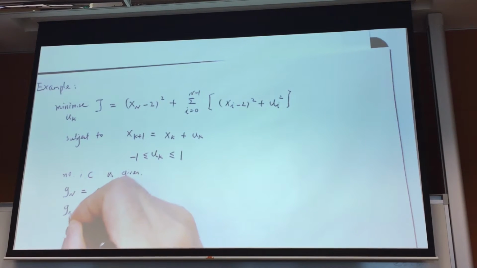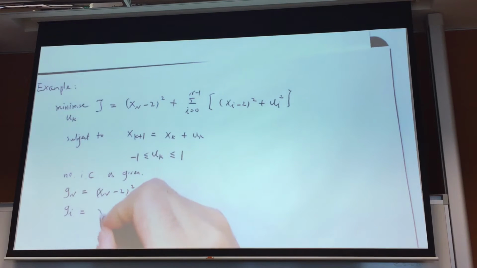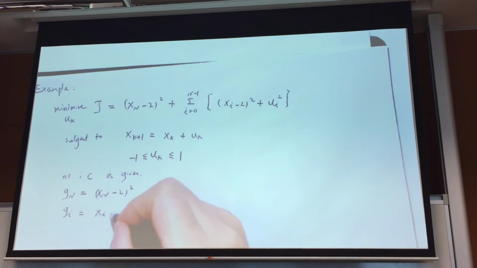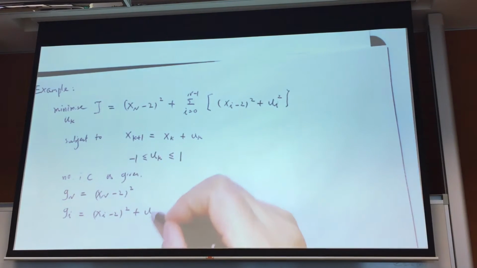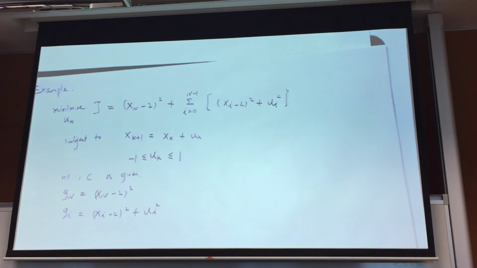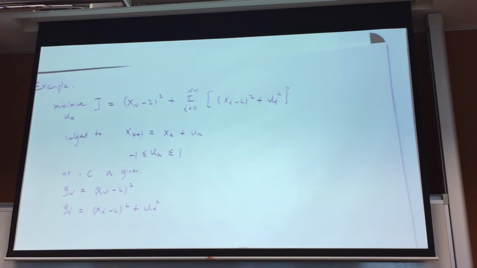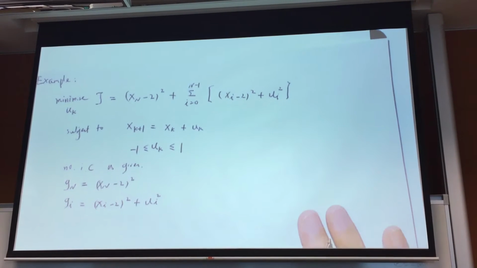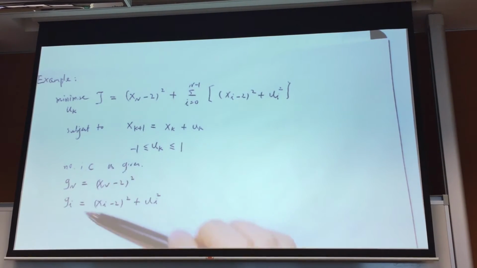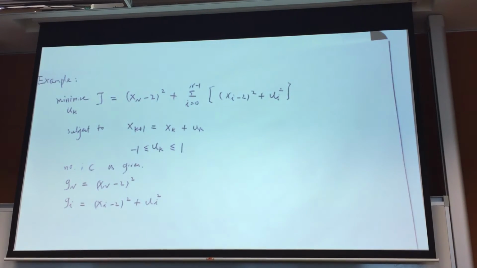And the function in between is given by xi minus 2 squared plus ui squared. So these are the observations that I made from the example.